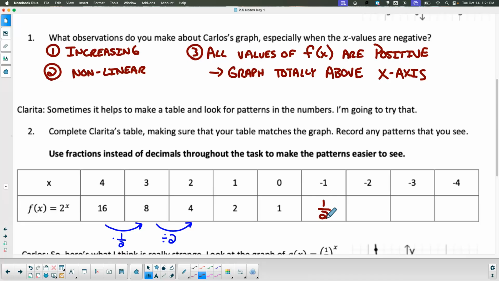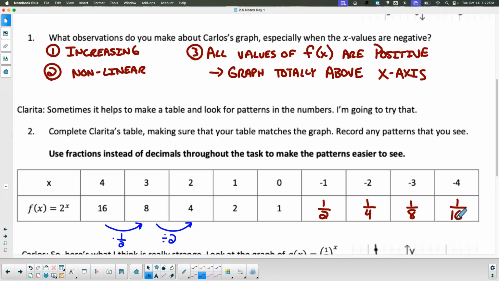Yep. 1/4 times 1/2, or 1/4 divided by 2. 1/8. Yep. And what would the last one be then? 1/16. Yes, exactly.